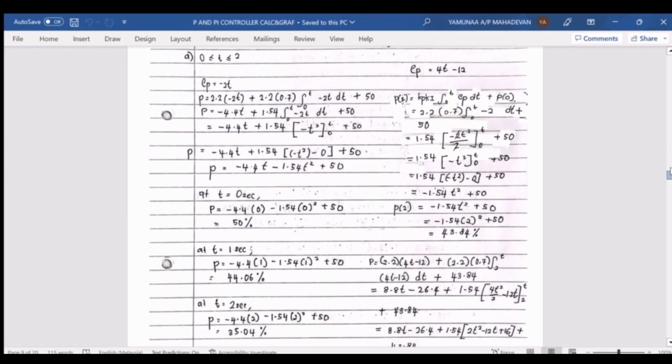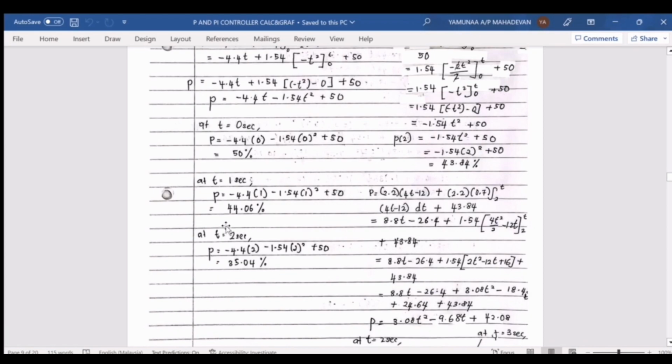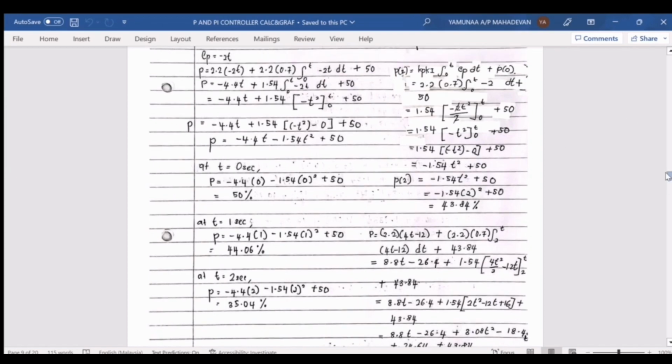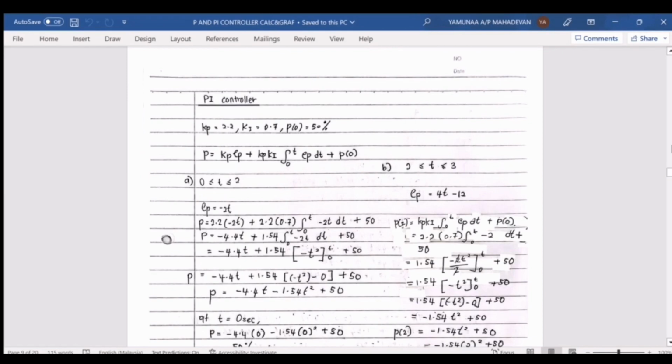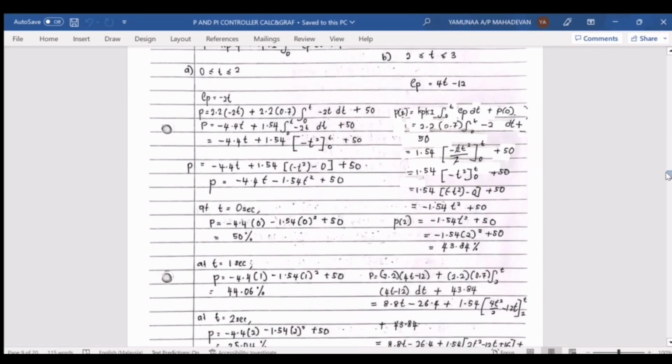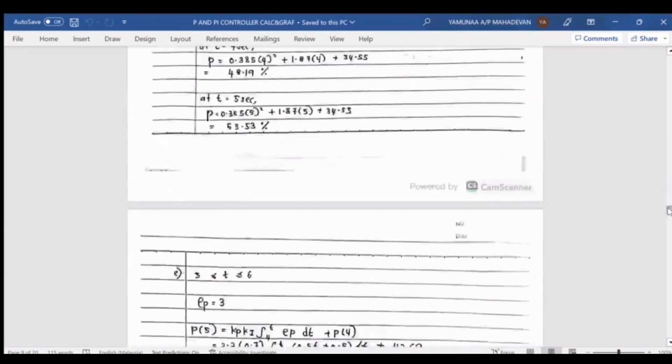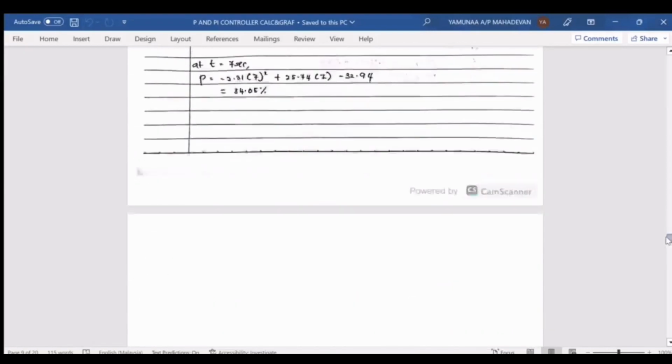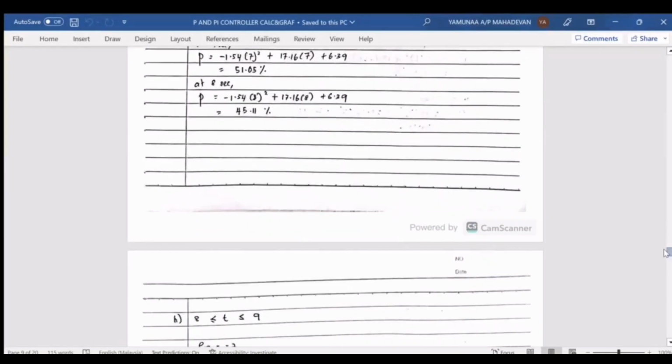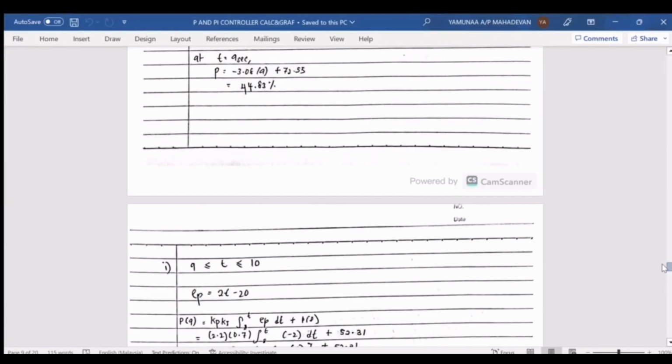And at the end, we must find the P value by substituting the time. We must follow these steps for all the calculations shown here, starting from 0 and again ending at 12.